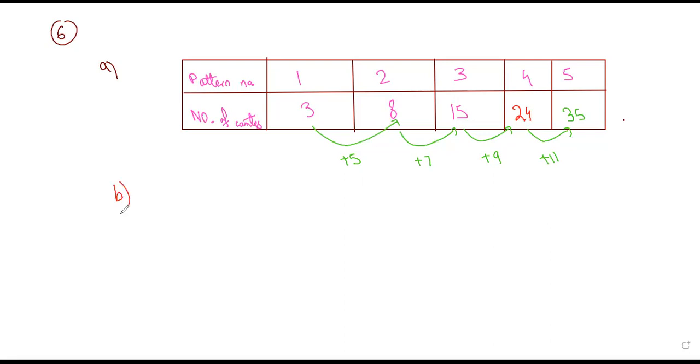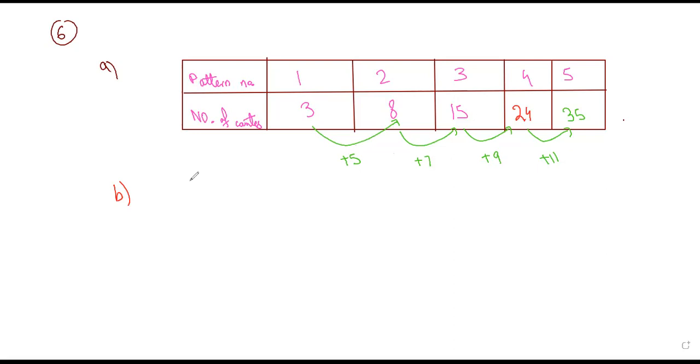So this time it says, find an expression in terms of n for the number of counters in pattern n. So what do you think about this? Again, number of counters is basically a quadratic sequence, right?